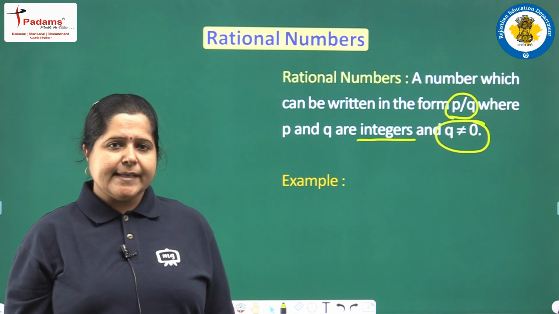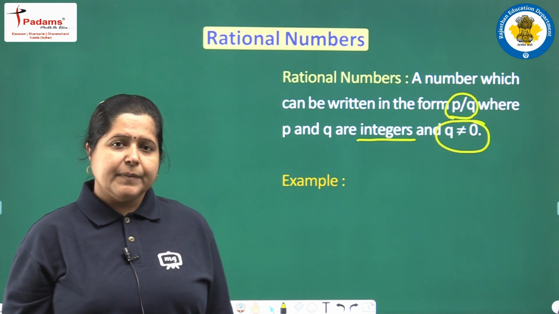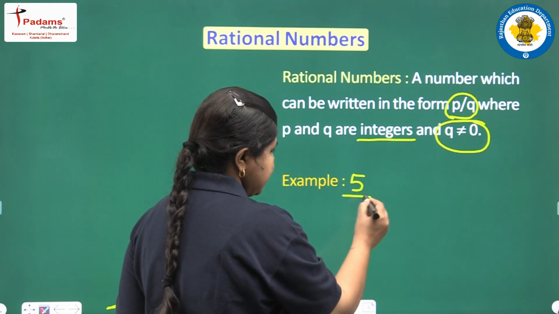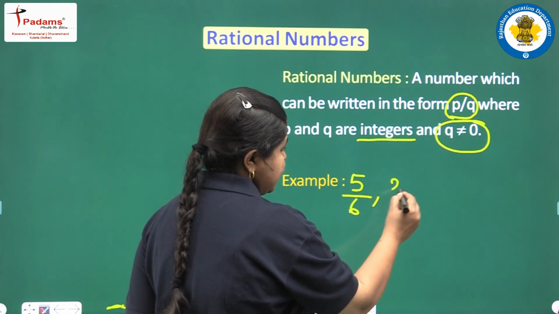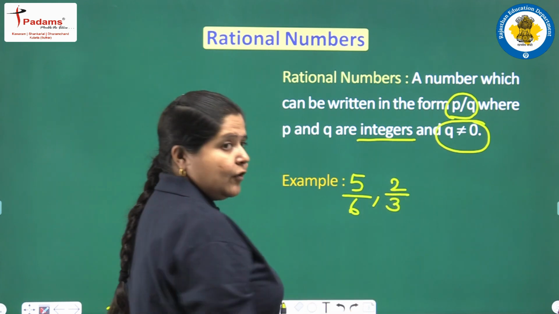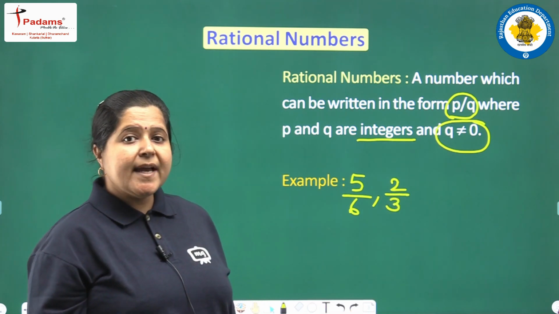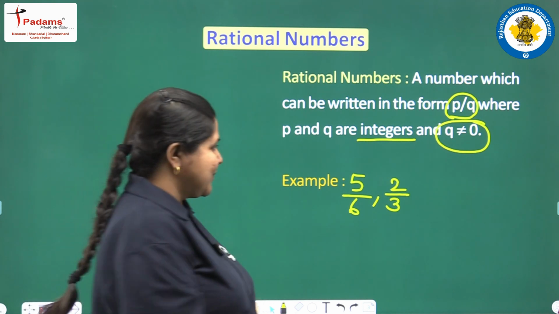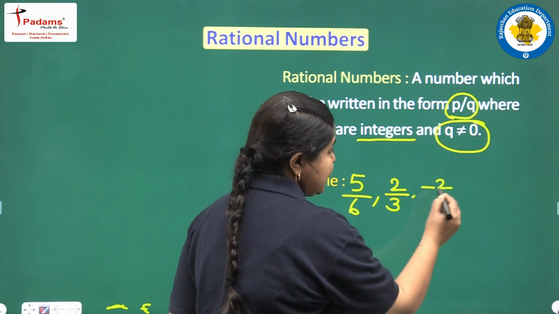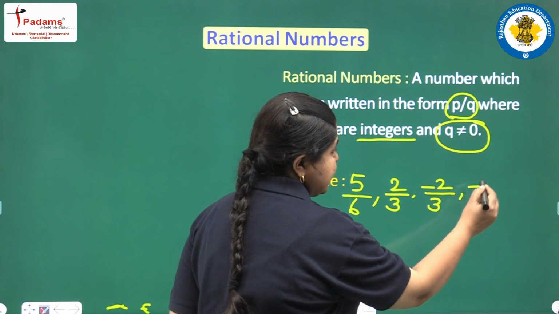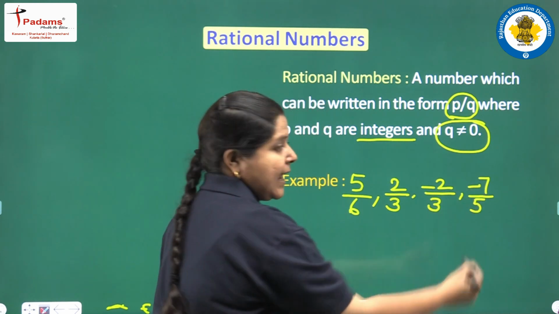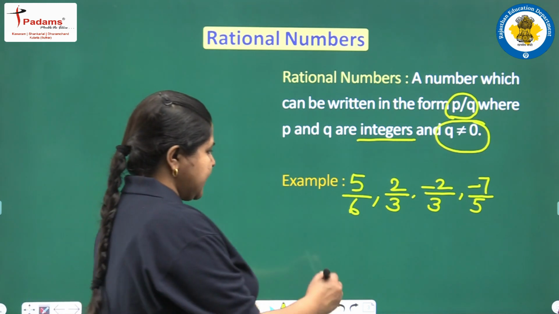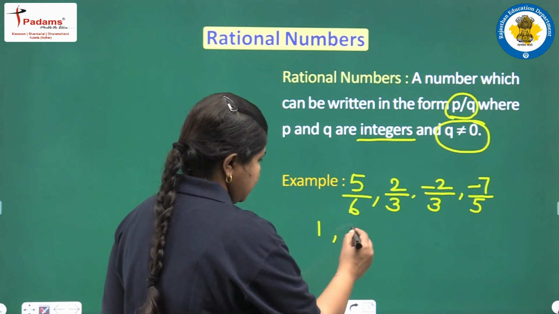Let us think of some examples in which we can write it in p by q form. Simple examples: 5 by 6, 2 by 3. You can think of many examples. Since p and q are integers, therefore they can be negative also. Minus 2 by 3, minus 7 by 5 and many examples are there. What can you say about the natural or whole numbers?